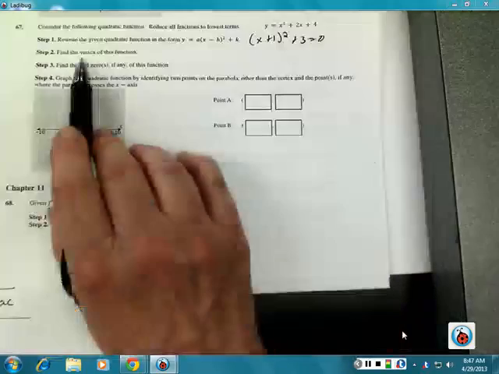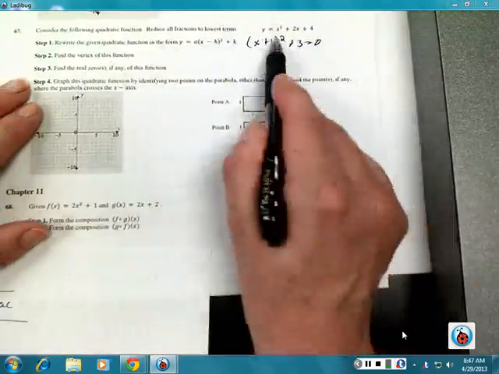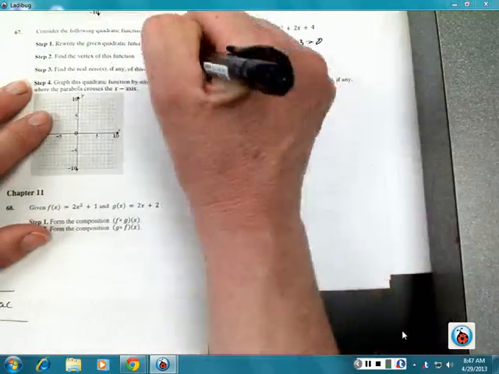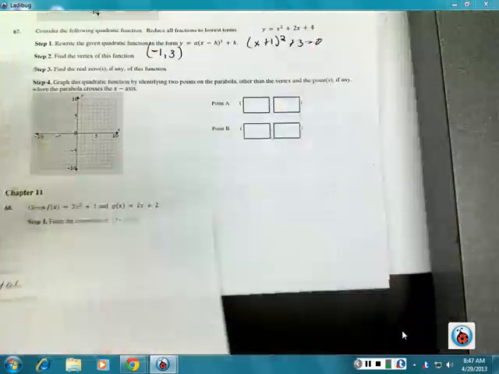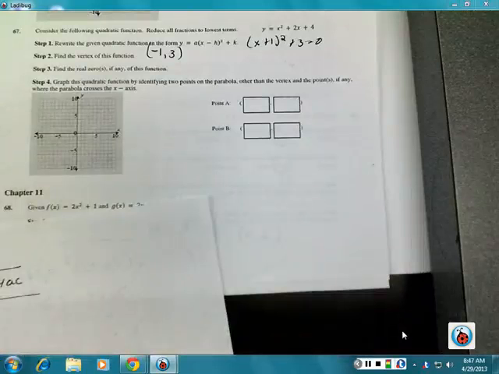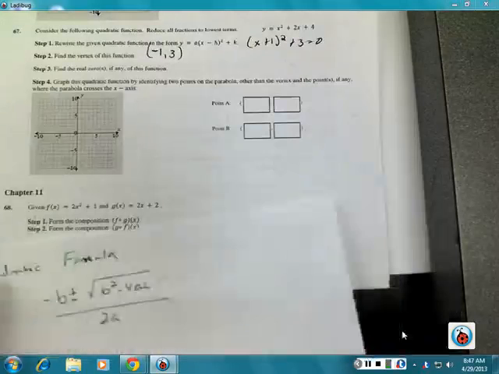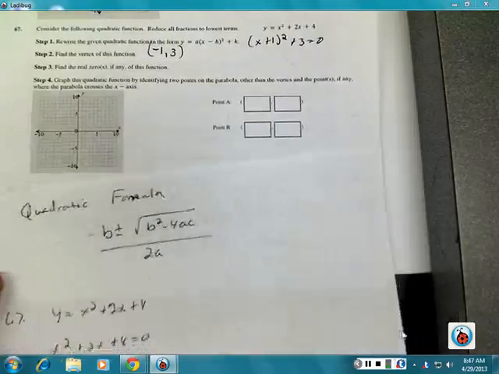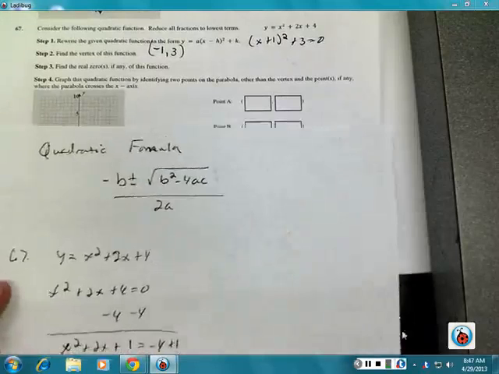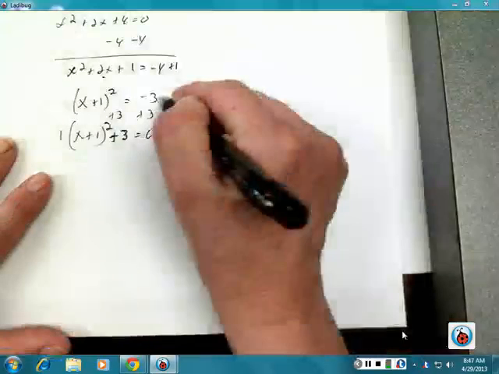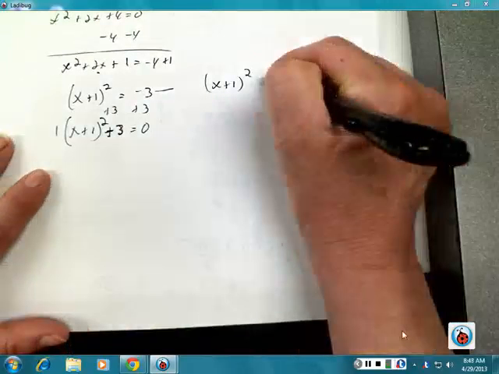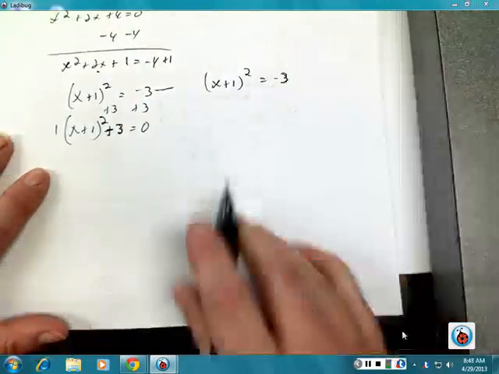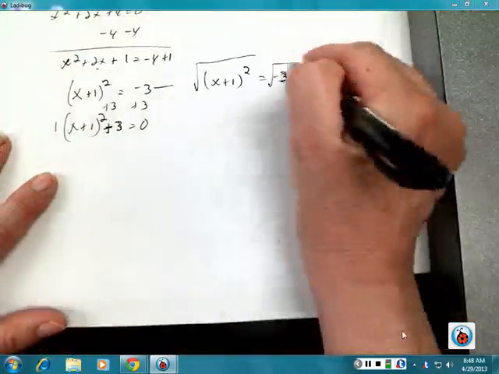And then find the vertex. So the vertex is the opposite of h. And the y, or the k. Find the real zeros, so that if I find my real zeros, I want to go back to this point right here and leave it over there. So (x plus 1) squared equals negative 3. Take the square root of both sides.